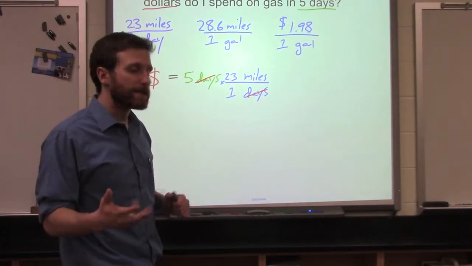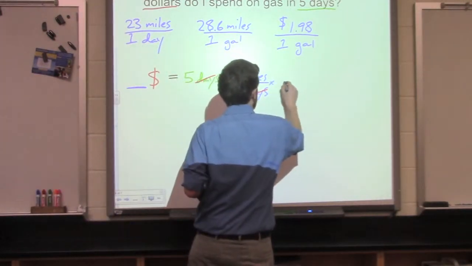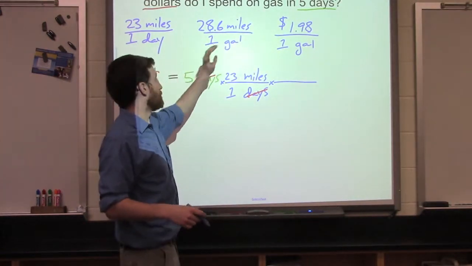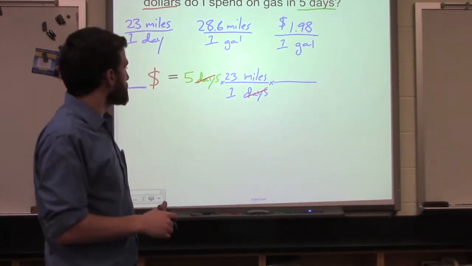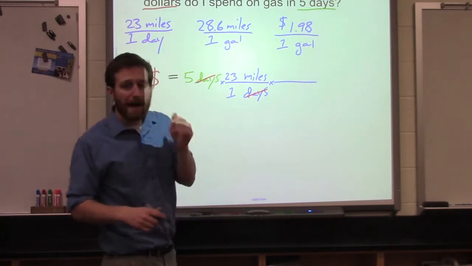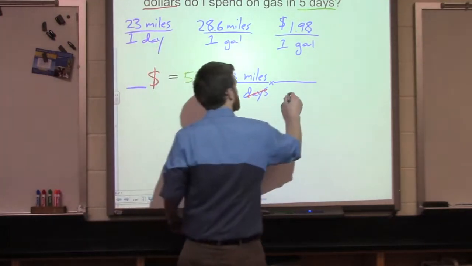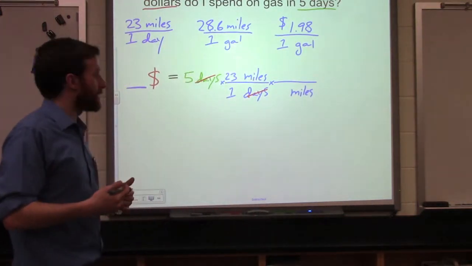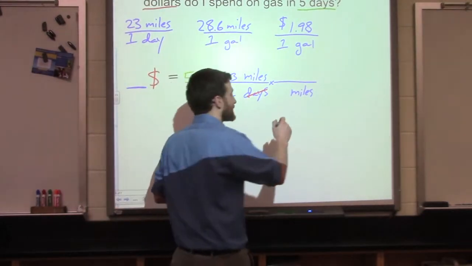Now I've got to ask myself, what do I know about miles? I know that for every 28.6 miles, I'm going to burn up 1 gallon of gas. But miles is in the numerator here, so therefore miles must be in the denominator on this next conversion factor. So I write miles in on the denominator, and then I have a conversion factor that relates it to gallons.